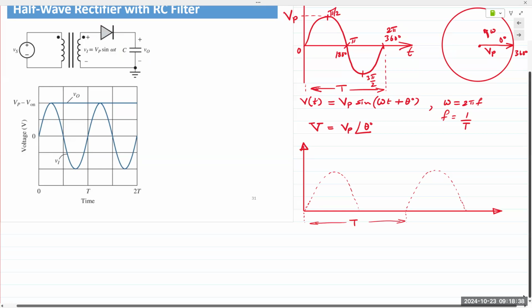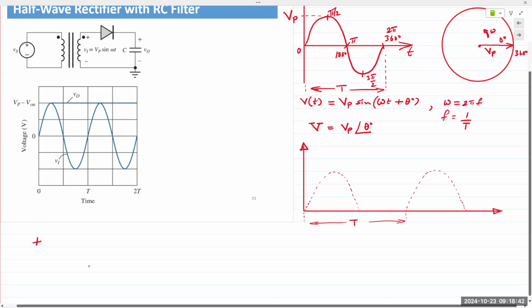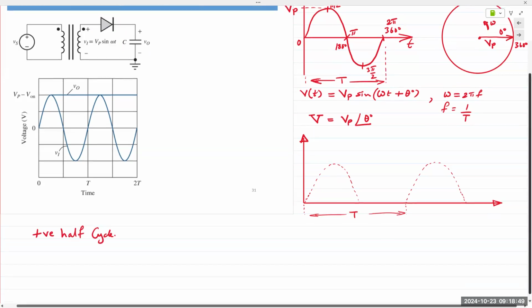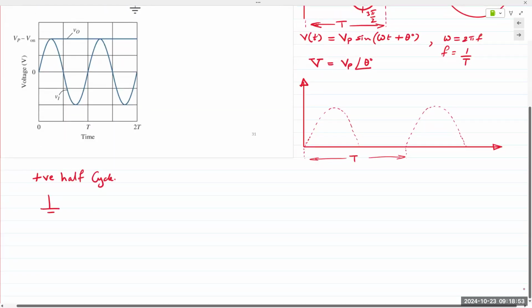In the positive half cycle, this is how the circuit will look. The voltage source can be represented as a battery that has polarity with plus up top, minus at the bottom. Diode can be represented as a resistor in forward bias.